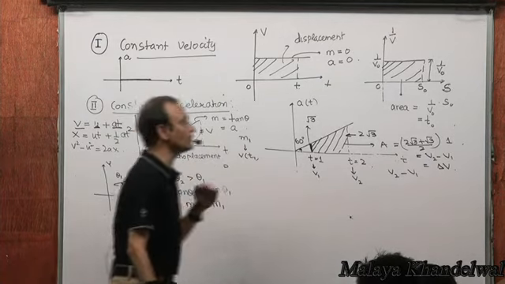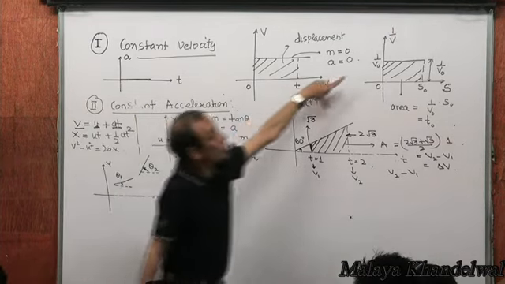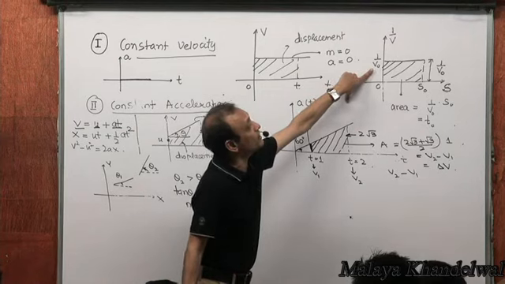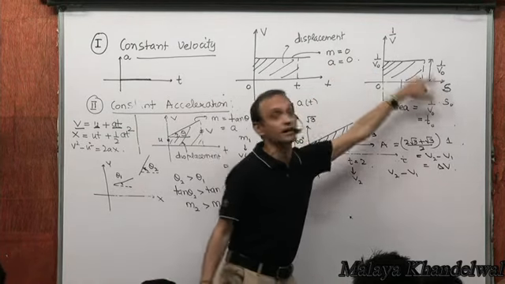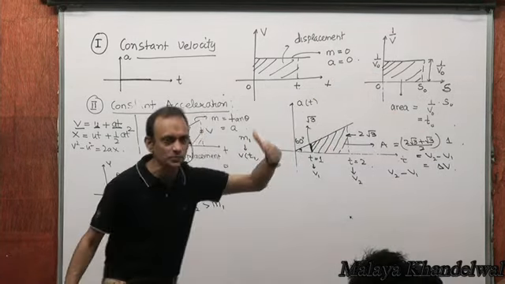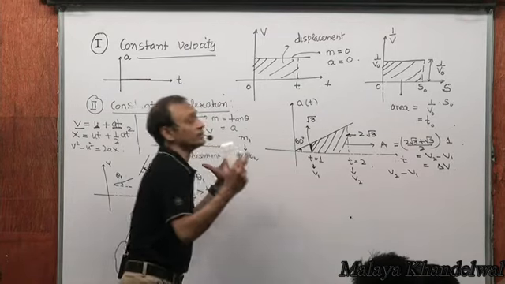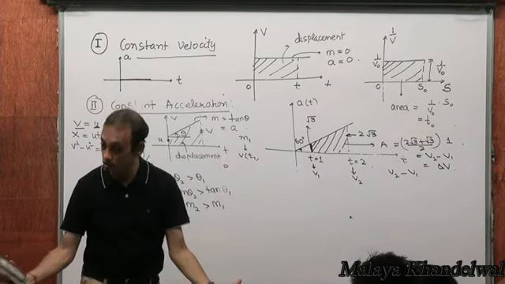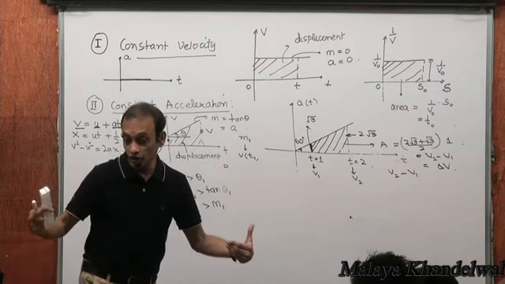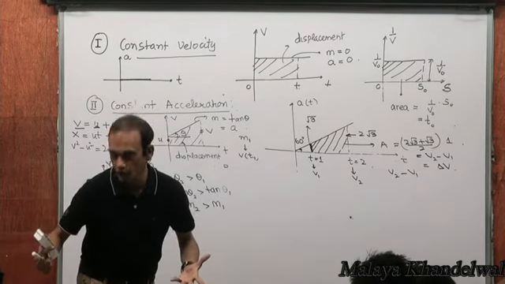Also, whether velocity is constant or not, the thing that you must know is, for a constant velocity we found that the area under 1 by v versus s represented the time taken for that displacement, isn't it? Even if velocity was not constant, 1 by v will also not be constant.